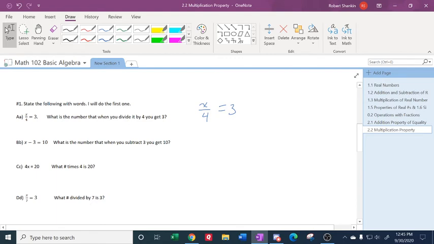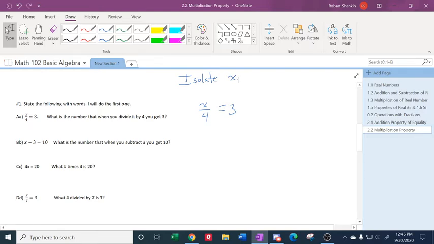What we're trying to do is isolate x. Now to get x all by itself, I have to get rid of this 4. How is the 4 attached to the x? By division. What will detach it is what we call in math the inverse operation. It's kind of like the opposite. So what's the opposite of dividing by 4? That is multiplying by 4.